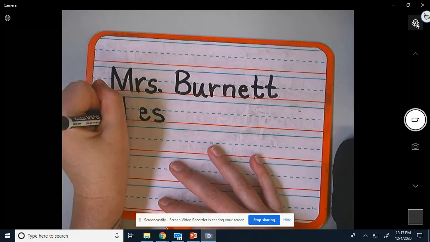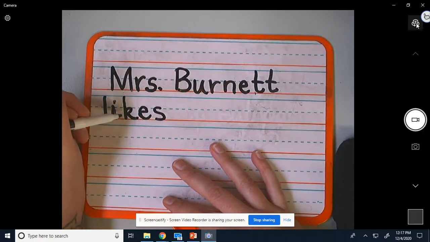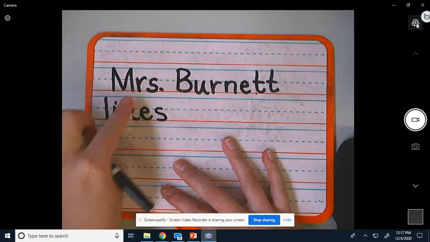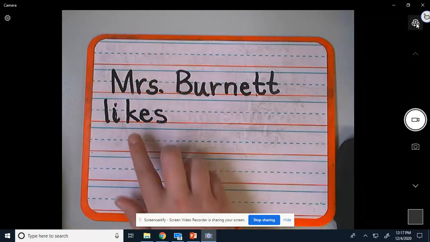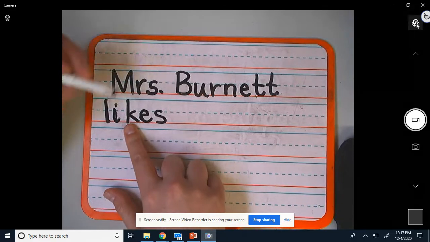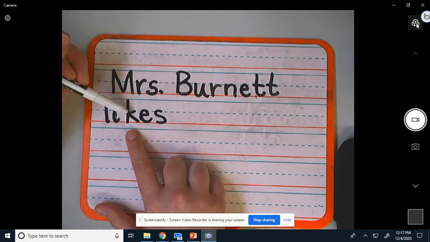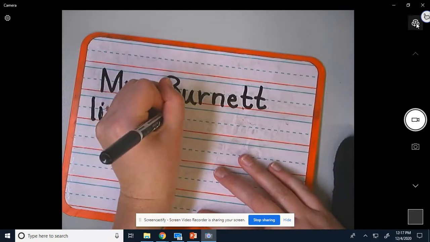Either you make them like Mrs. Burnett makes them in D'Nealian, that's what that's called, and it has a little circle, or you can make your K like this. If you make your K like that, I want the upper part of your K to be below the line.